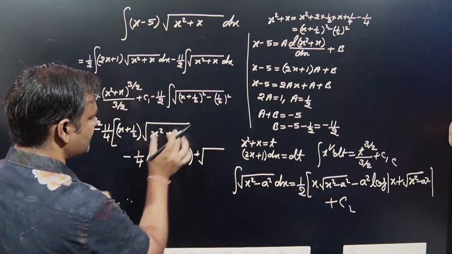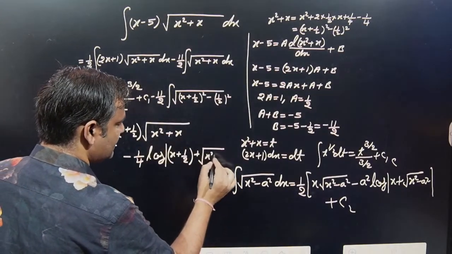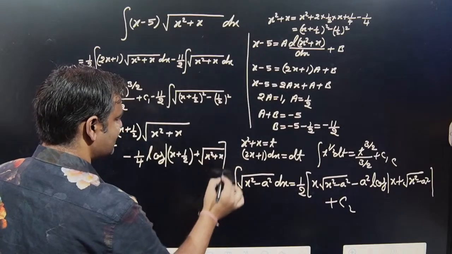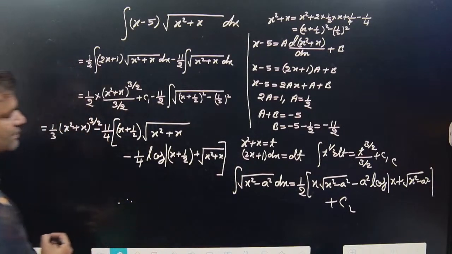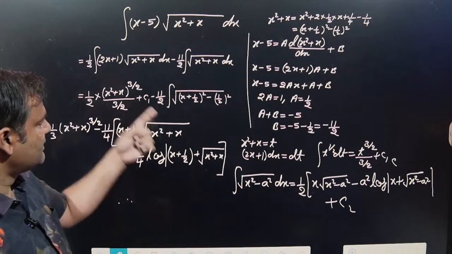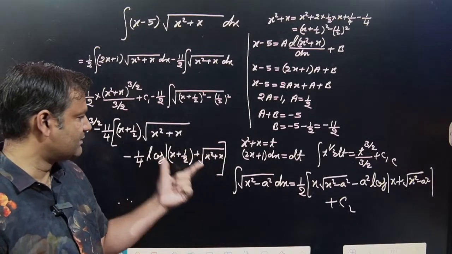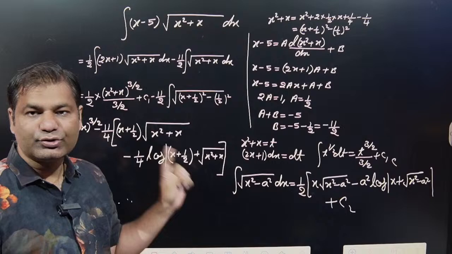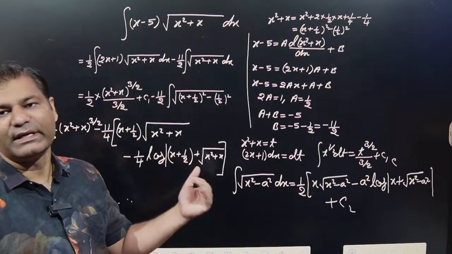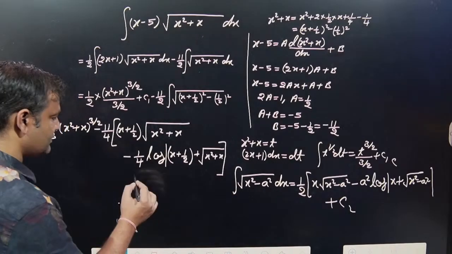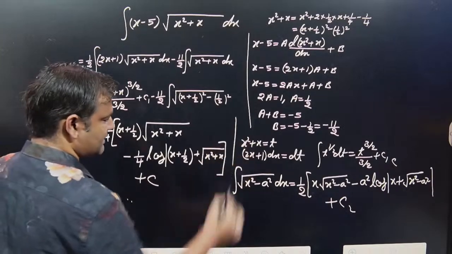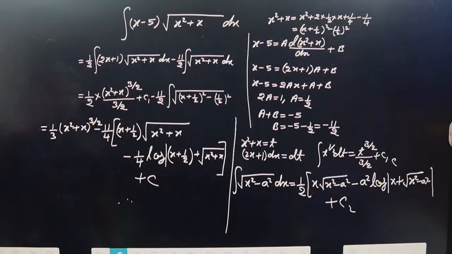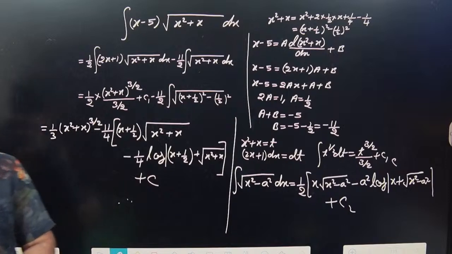After solving this one we got a new constant c2, c1, and after integrating this one we got a new constant c2, so c1 plus c2 is replaced by another constant c. So the final answer is like that. I hope it is clear. So the final answer is simply this one.